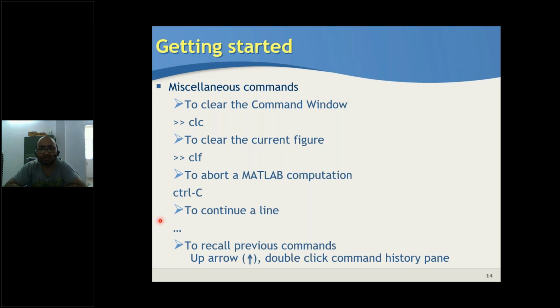It indicates to the compiler that this particular line is in continuation with the next line. To recall previous commands, you can use the up arrow in the command window, or in the command history pane, you can double click any command and place it into the command window.